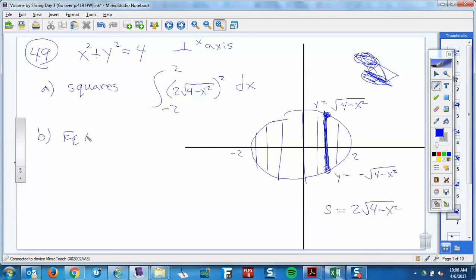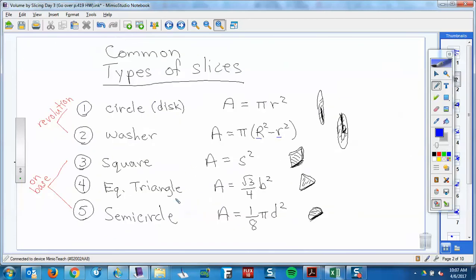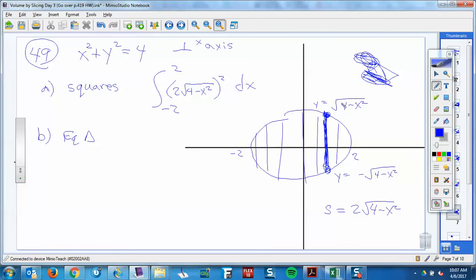Equilateral triangles. What is this? Now you just envision triangles coming up off of here, where this is one side or the base of the equilateral triangle. Well, what do we say the area of an equilateral triangle is? Square root of 3 over 4 times the base squared. The base is this strip right here.